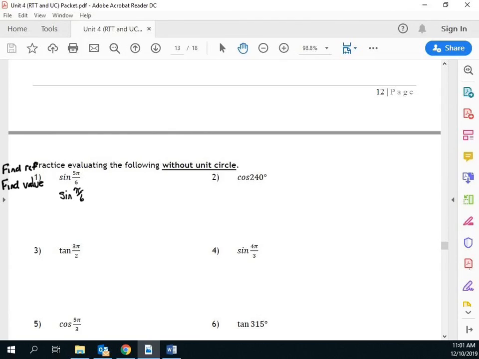Go to your square root, flip your notes over, go to sine, go across to pi over 6. What value do you get? It's square root of 1 over 2, which reduces to what? 1/2. So basically this is 1/2.